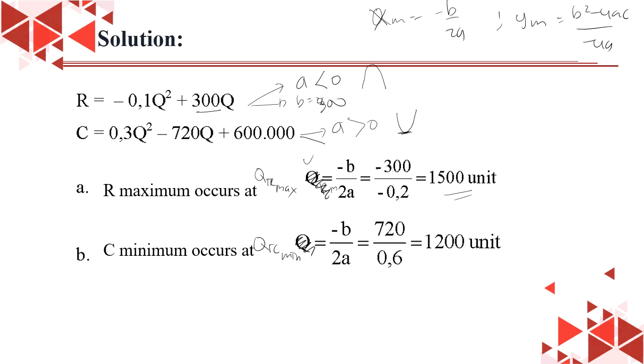So we have here the b, minus b is minus 720 over 2 times 0.3, and it gives 1200 units.